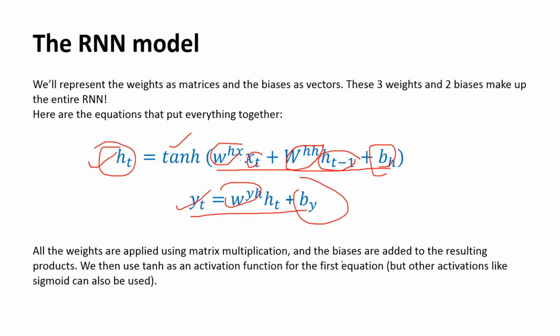This is the resulting product. We use tanh as the activation function for the first equation, but other activations like sigmoid can also be used. That is up to our choice. But remember, these tanh, sigmoid or ReLU functions make a huge difference in the outputs we calculate in any neural network after applying them on a linear function. So to introduce non-linearity, we bring in these activation functions.